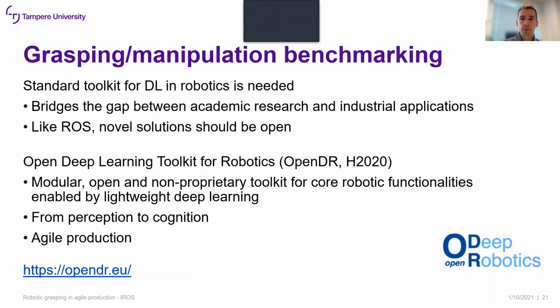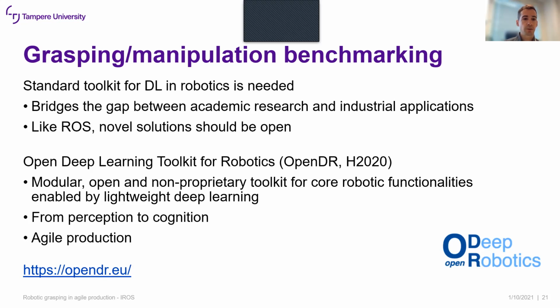Then finally, one realization that we also made in this work is that a standard toolkit for deep learning and robotics is needed. Similar to ROS, there are many novel solutions that are provided regularly in deep learning for robotics, but they're not standardized with any toolkit. The benefits of this would be that a gap would be bridged between academic research and industrial applications, which is important. So there's an ongoing Horizon 2020 project for this called Open Deep Learning Toolkit for Robotics. And parts of the works that I presented here are being developed for this toolkit.